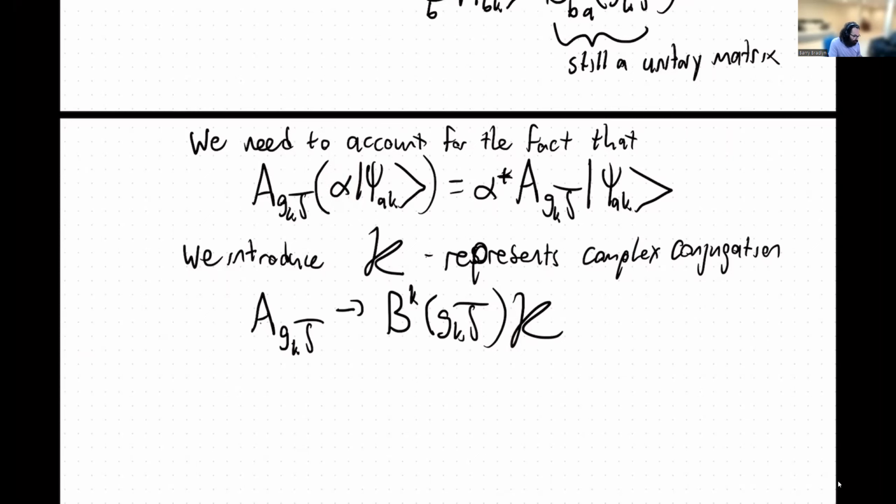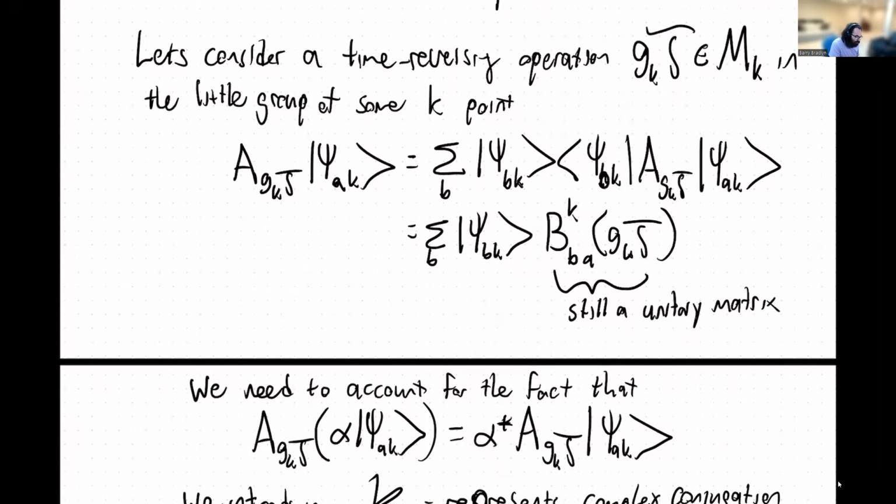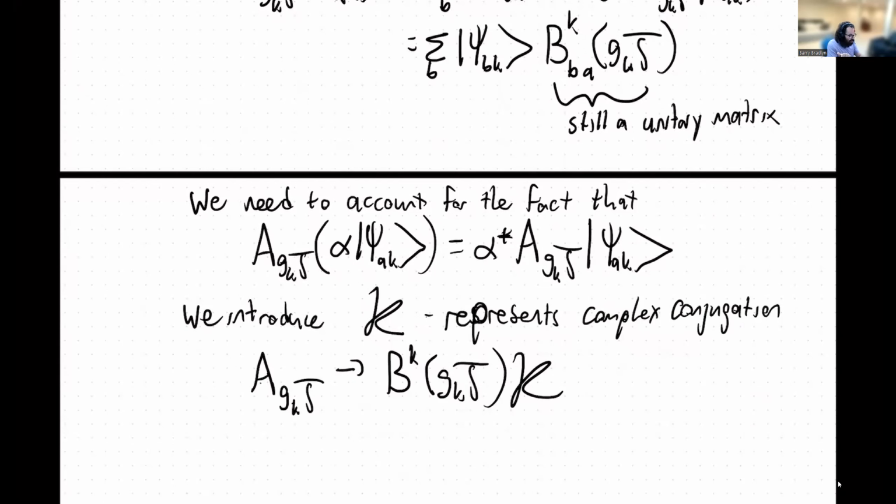So now we have a set of matrices that represent the elements of the little group, where time orientation preserving operations are represented by unitary matrices, and time reversing operations are represented by anti-unitary operators, written as a product of a unitary times complex conjugation.